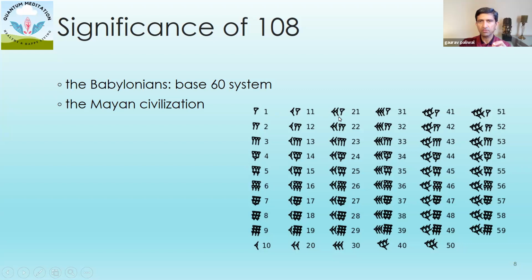Then there are 2 chevron symbols before the symbol of 1, and it becomes 21, and then 31, 41, 51, like that. So that's how they were getting away with that need.